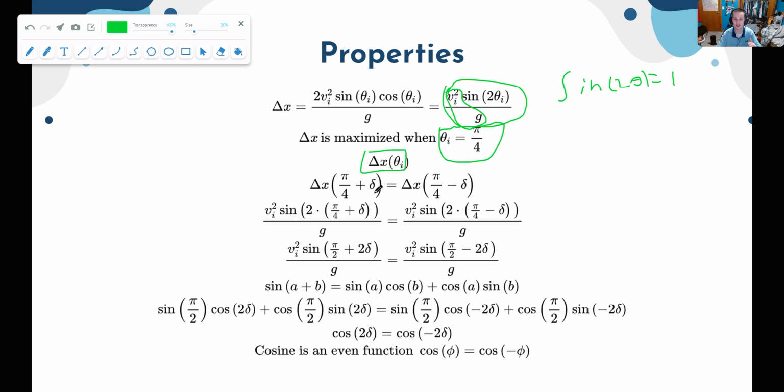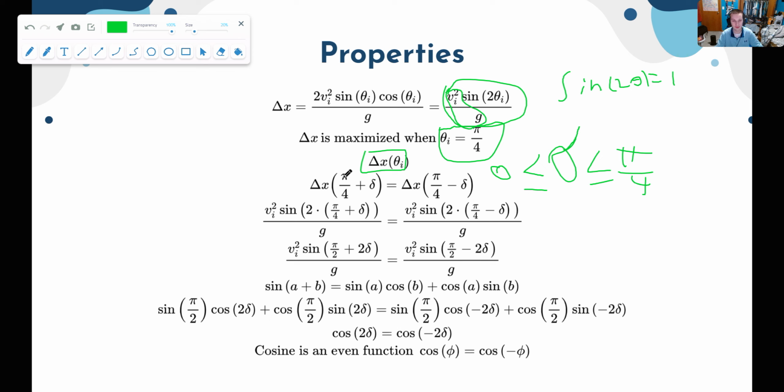But we're going to say that delta has to be less than pi over 4, and it has to be between 0 and pi over 4, just so that we're not getting into some weird situations in other quadrants on our xy plane.